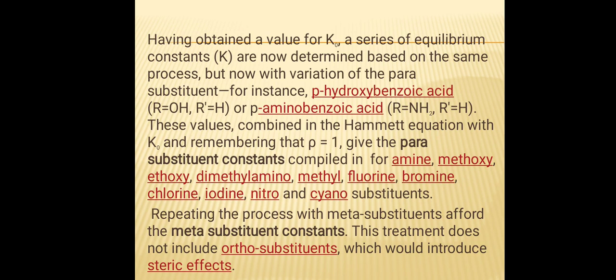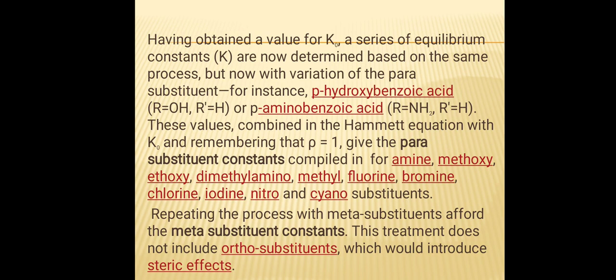These values combined in the Hammett equation with K0, and remembering that rho is equal to 1, give the para substituent constants compiled for amine, methoxy, ethoxy, dimethylamino, methyl, fluorine, bromine, chlorine, iodine, nitro and cyano substituents. Repeating the process with the meta substituent offers the meta substituent constants. This treatment does not include the ortho substituent, which would introduce steric effects.